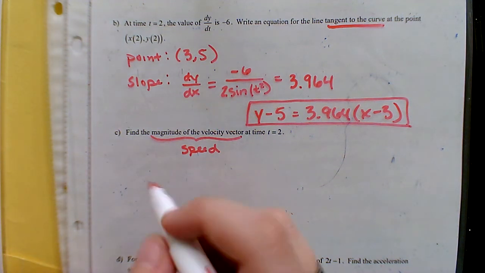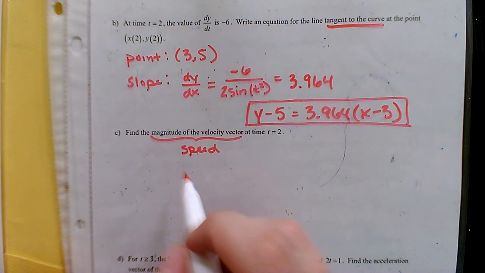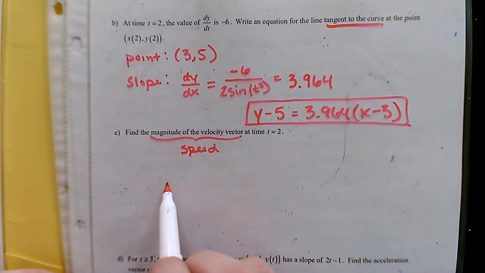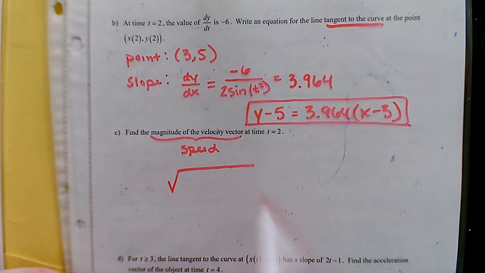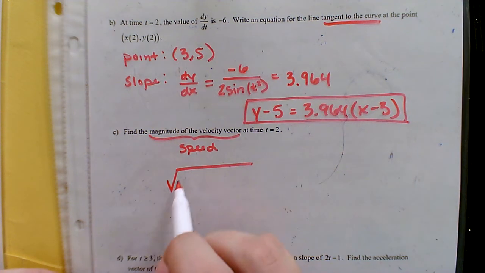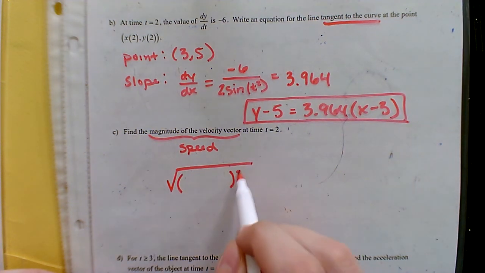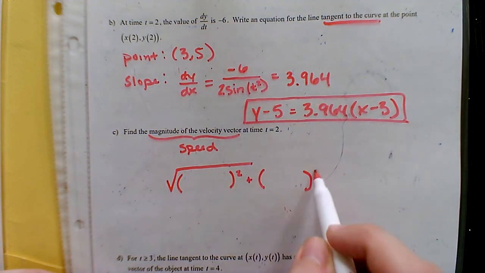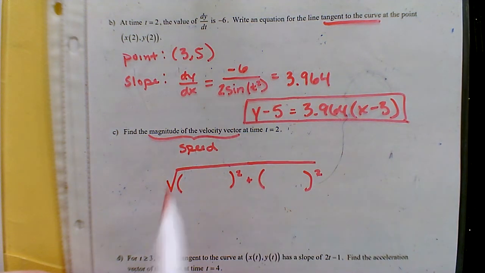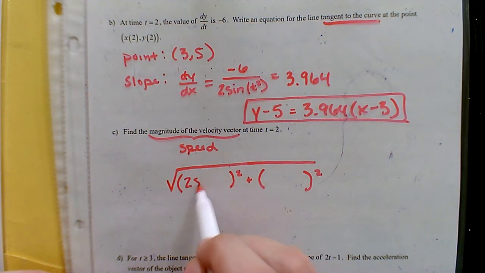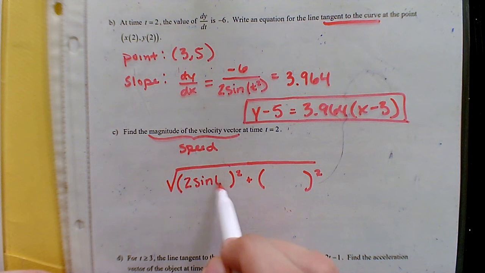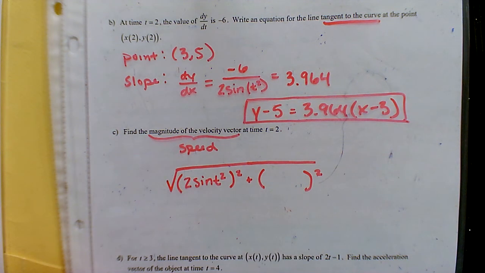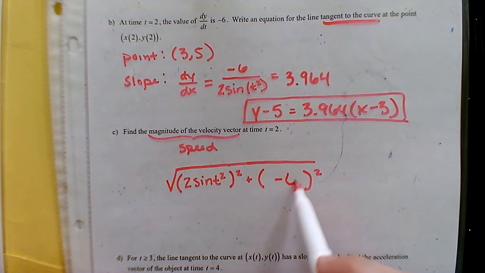Eric, what do you want to do? Pythagorean theorem. All right, so we need the square root of the derivatives. Let's see, the x derivative was 2 sine of t squared. Do we know the y derivative at time 2? That's negative 6, right, from part B?